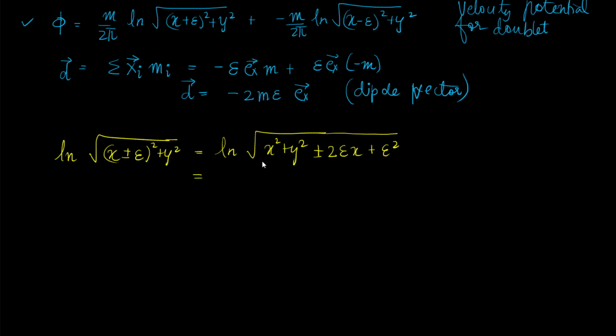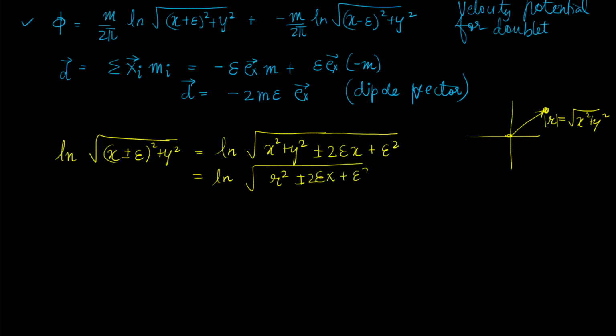So now x square plus y square is equal to r square. That is, if this is the origin, this the location r, the magnitude of this will be square root of x square plus y square. So this becomes log of square root of r square plus minus 2 epsilon x plus epsilon square. So if we take r square common, this becomes log of r square root of 1 plus minus 2 epsilon x upon r square plus epsilon square upon r square.